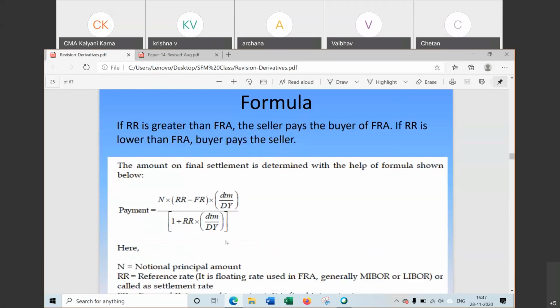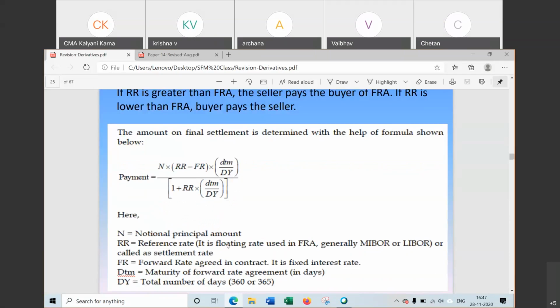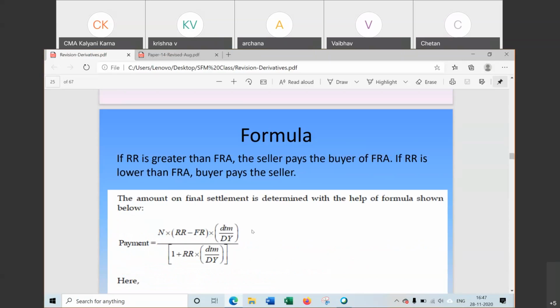RR is the reference rate or FRA rate, the floating rate. FR is the forward rate or fixed rate. DTM is the time period of FRA. DY is the total number of days in the year, divided by 1 plus RR into DTM upon DY.